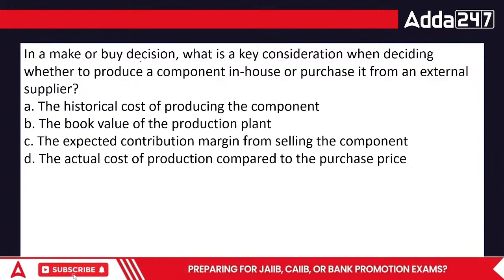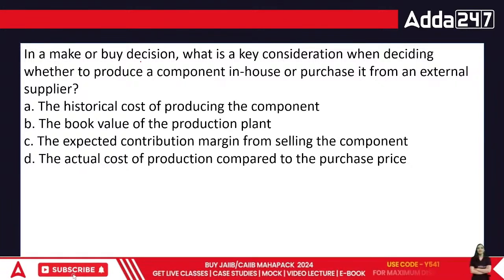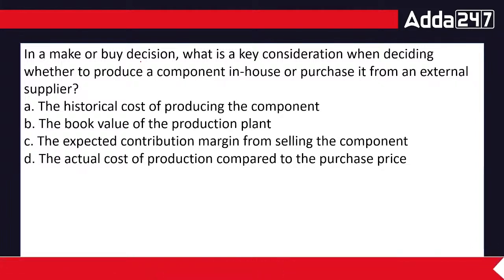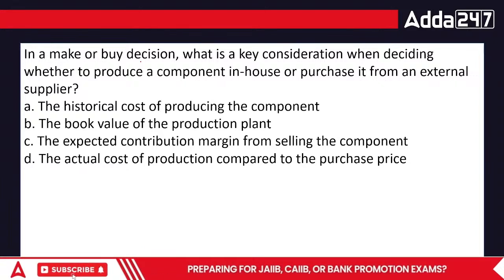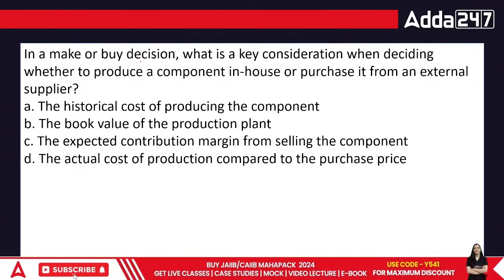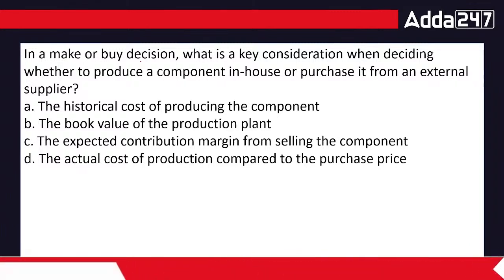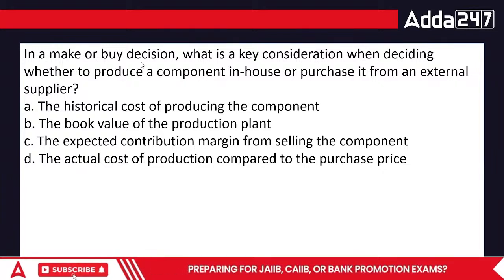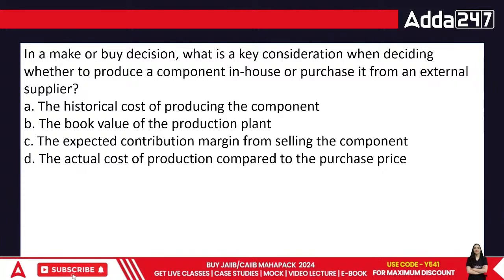In the make or buy decision, what is the key consideration when deciding whether to produce a component in-house or purchase it from an external supplier? The historical cost, the book value, expected contribution margin from selling the component, or actual cost of contribution compared to purchase price.